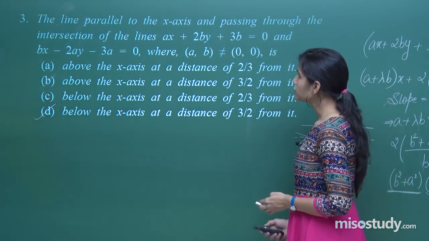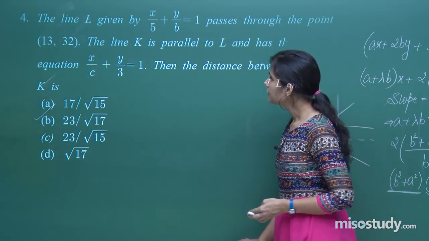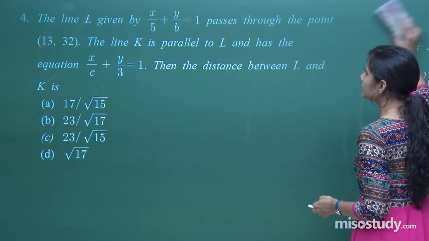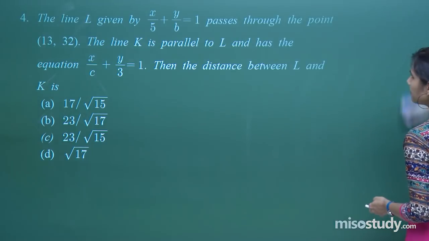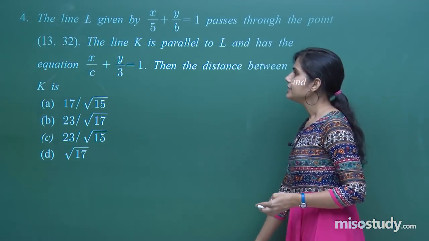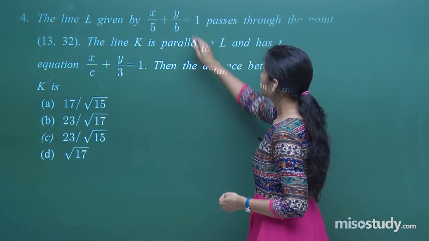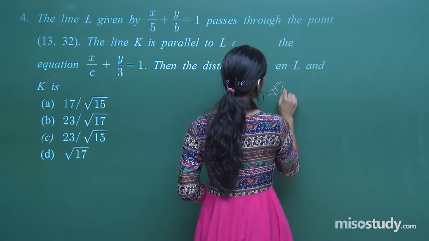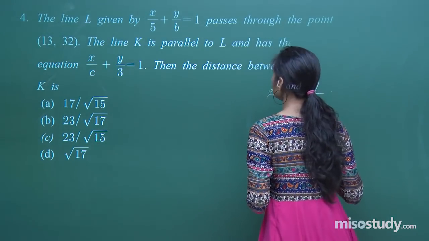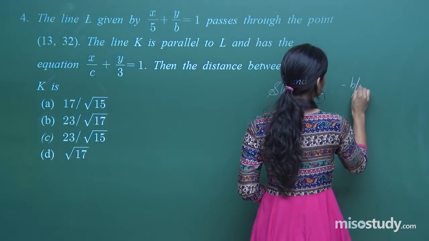Moving on to the next question. We have that the line given by this particular equation passes through this point. There is another line K parallel to line L and has this as its equation. Find the distance between these two lines. Okay, so slope of L is minus b by 5.